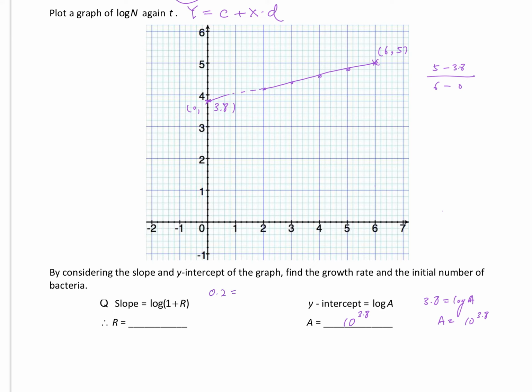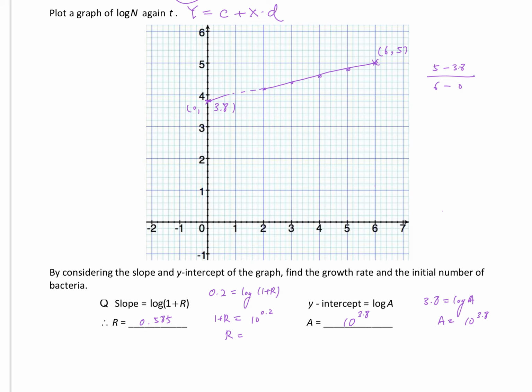0.2 is equal to log (1 plus r). Then 1 plus r is equal to 10 to the power 0.2. You can find the value of r. r is equal to 0.585.